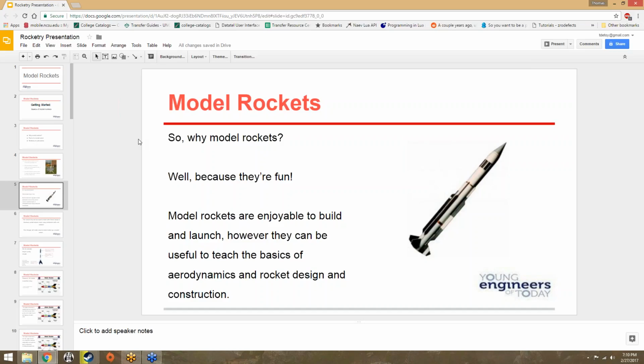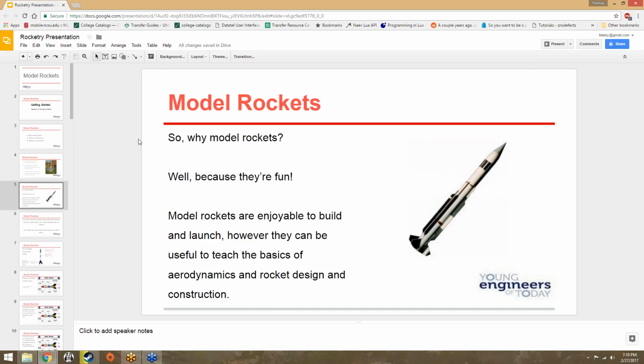But model rockets can be useful to teach the basics of aerodynamics in rocket design and construction. In fact, they can be very useful for the advanced stuff on aerodynamics and rocket design and construction. It's not exactly a one-to-one comparison because a lot of model rockets are made from cardboard, wood, and plastics, and a lot of go-into-space rockets are made of metals, and the propellants they use are much more heavy duty.